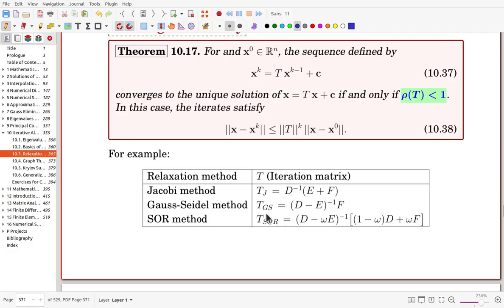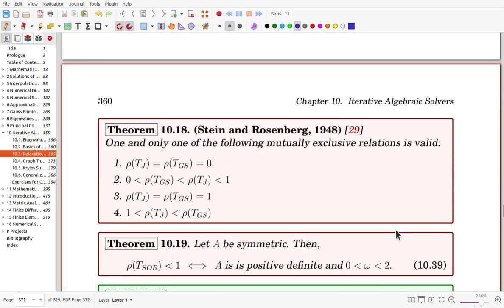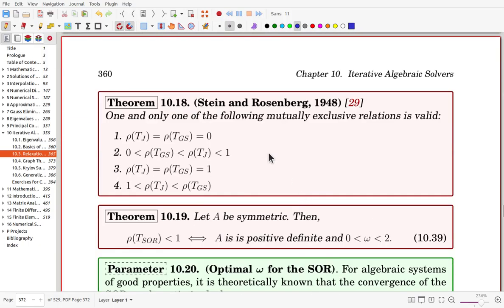And for Gauss-Seidel, the iteration matrix is given here, and for SOR, this is the iteration matrix. Here we have the Stein-Rosenberg theorem. These four equations or inequalities are satisfied exclusively.